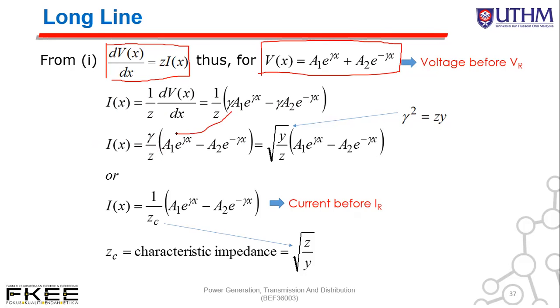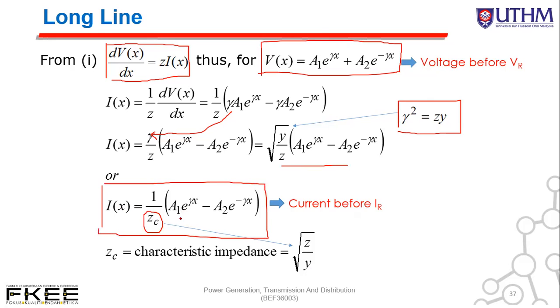So we just bring this γ out from this equation. So we got Ix equal to γ over Z times A1 e^(γx) minus A2 e^(−γx). Since γ squared equals ZY, we can replace this in the equation, so we got Ix equal to this equation, and further we can replace Zc equal to square root of Z over Y. So we got Ix equal to 1 over Zc times A1 e^(γx) minus A2 e^(−γx).